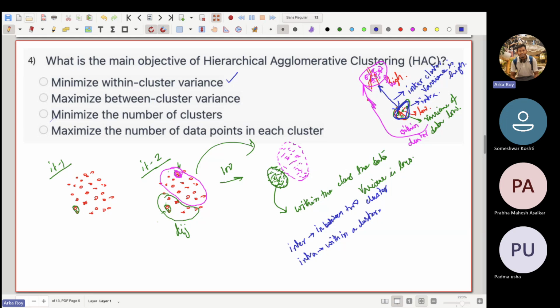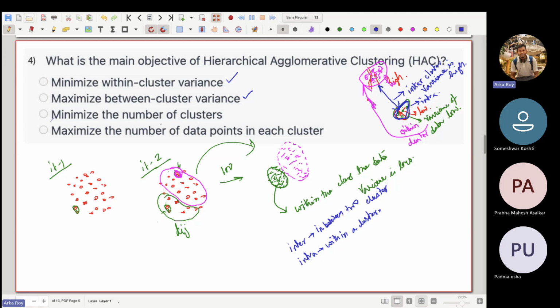Maximize between-cluster variance, that is between cluster 1 and cluster 2, so that is intercluster, and the variance should be high. So maximize between-cluster variance is also fine.